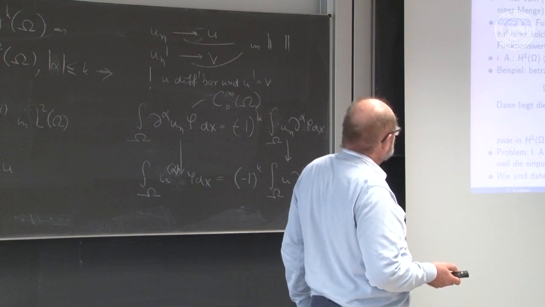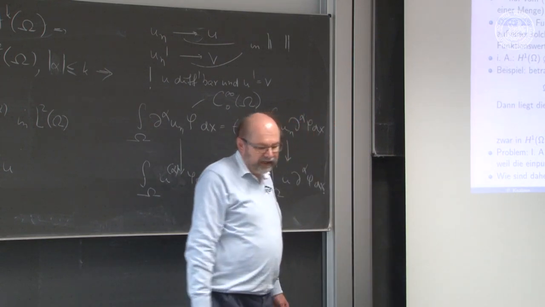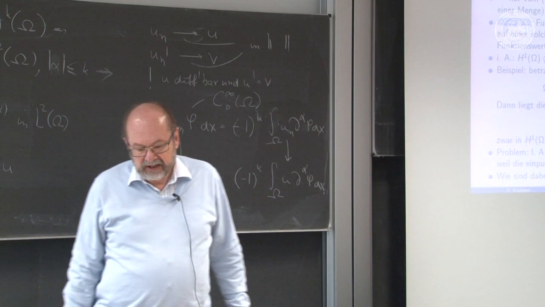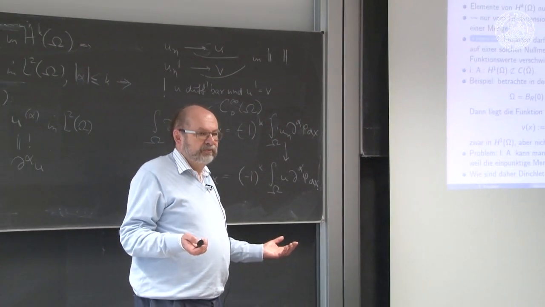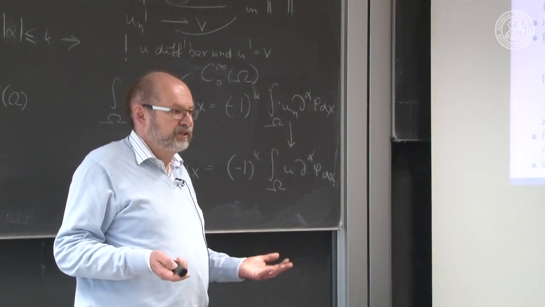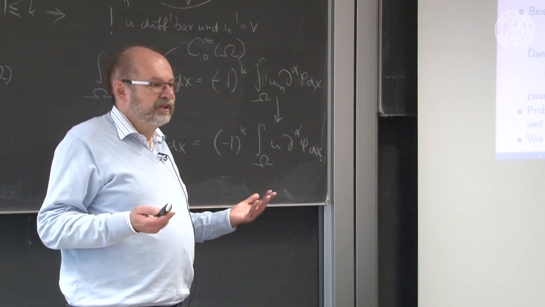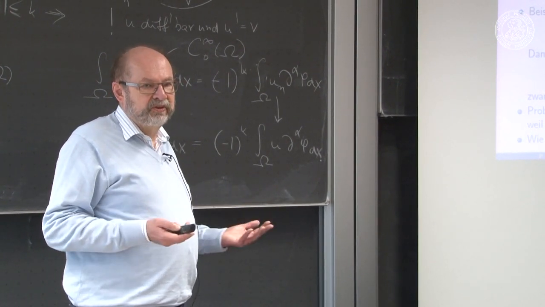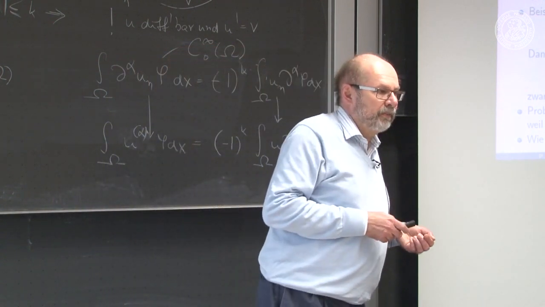Okay, so now we have to deal a little bit with the problem of how to define Dirichlet boundary conditions, taking into account that the boundary of a domain, in the sense of the d-dimensional Lebesgue measure, is a set of measure 0. So it does not make sense to say that an L2 function is supposed to be 0 at the boundary in the sense of the d-dimensional Lebesgue measure.